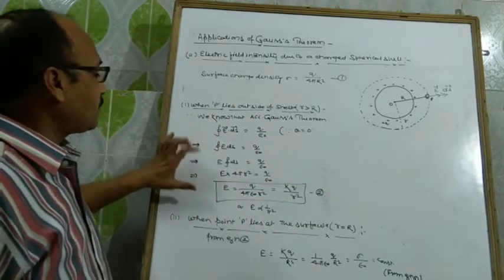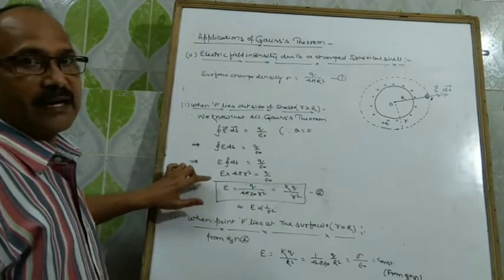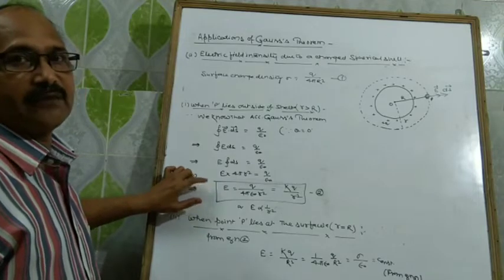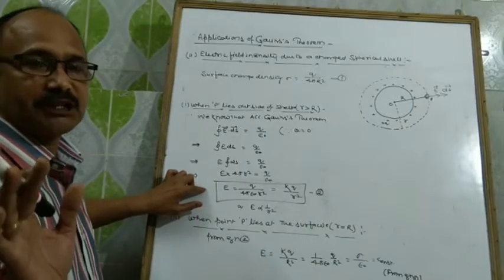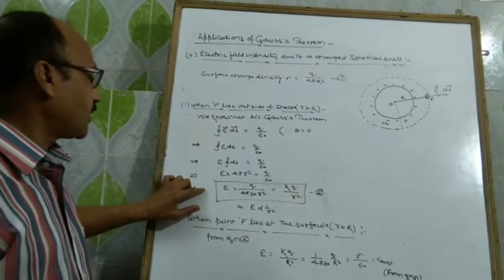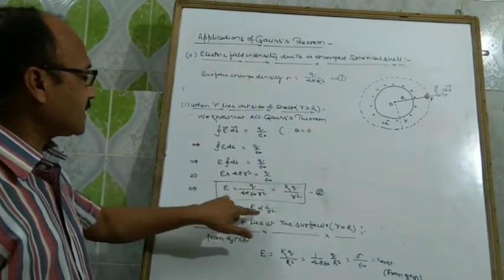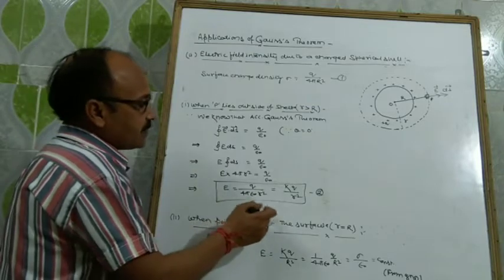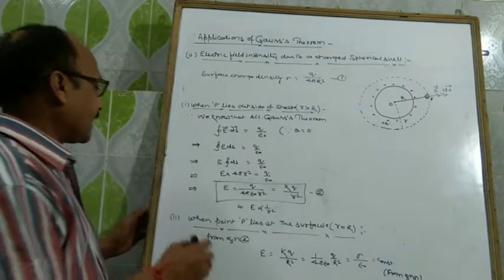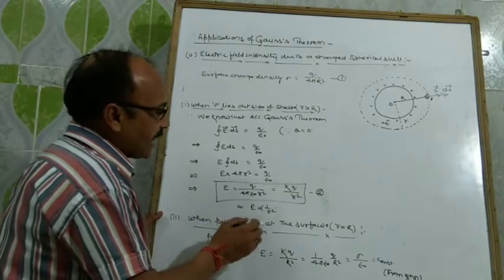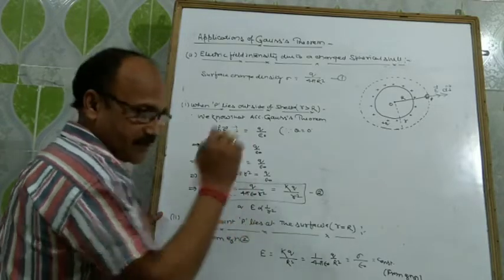With the help of this, we can easily find the electric field intensity at any point outside the charged spherical shell. From this relation, we can say that E is inversely proportional to r square. Now, second case, when point P lies at the surface.